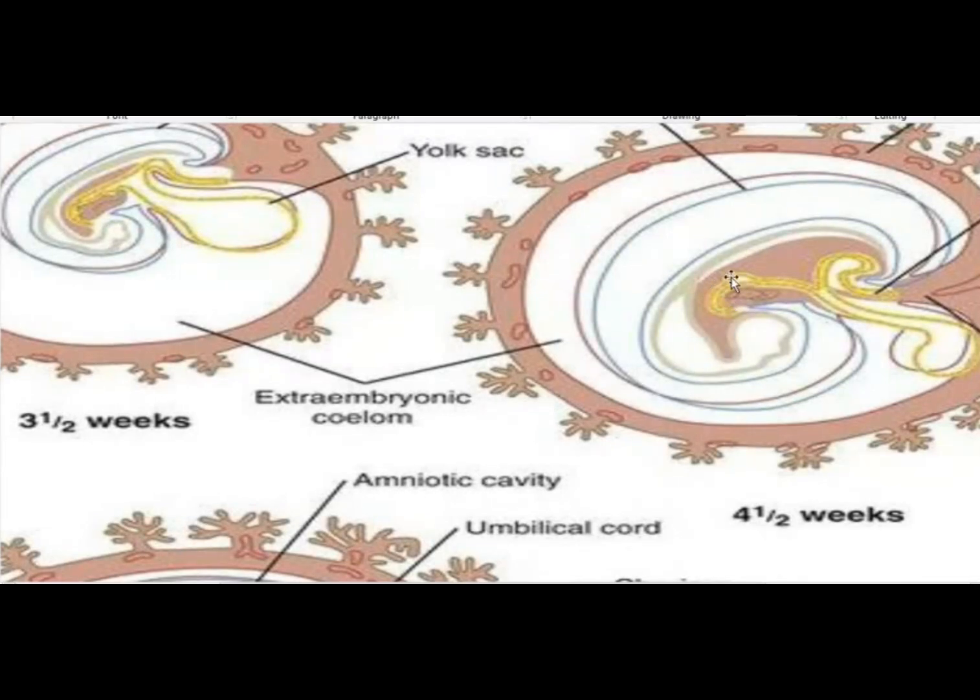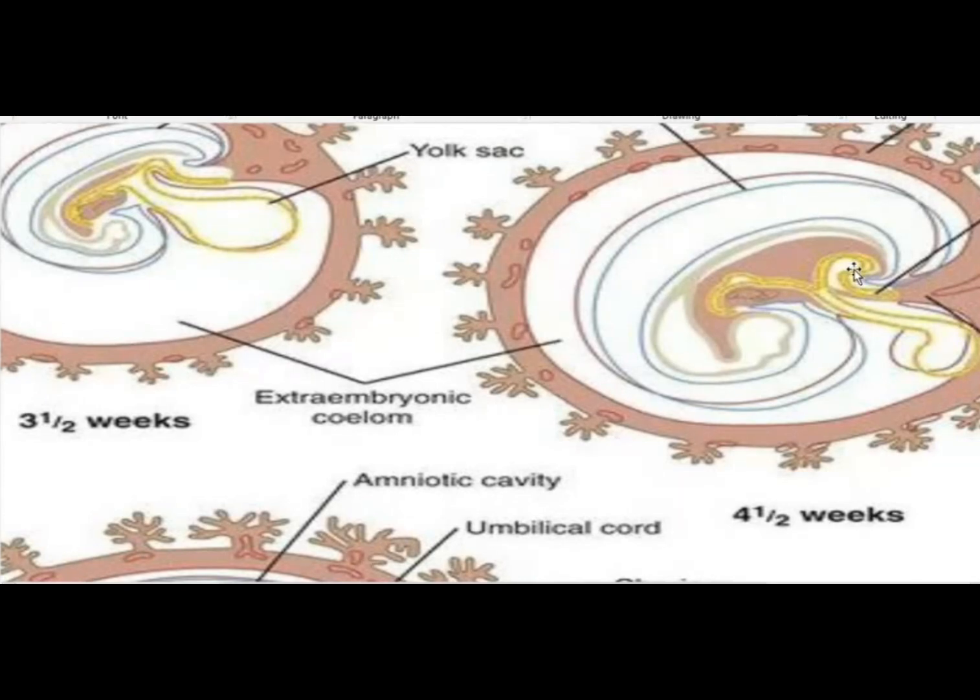We have the foregut, which forms the esophagus, stomach, and part of the duodenum. We have the midgut, small intestines, parts of the large intestines, and we have the hindgut. This is the hindgut. Now, I want you to observe very carefully.